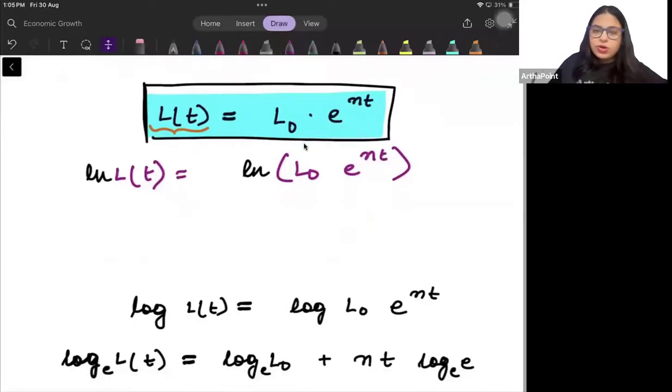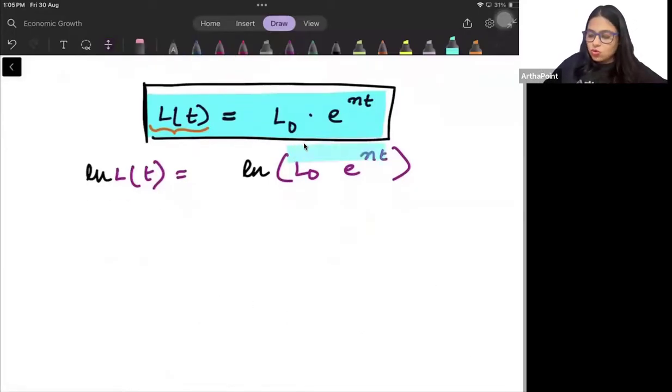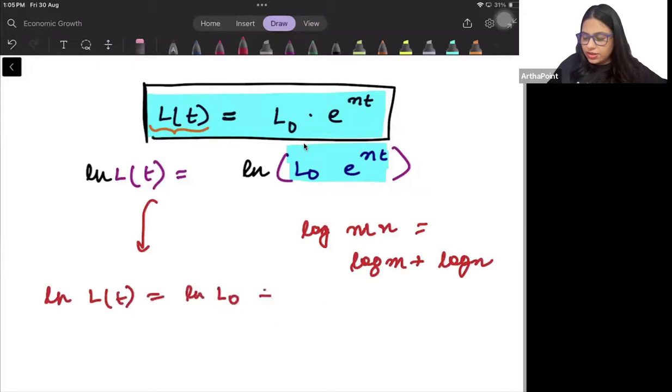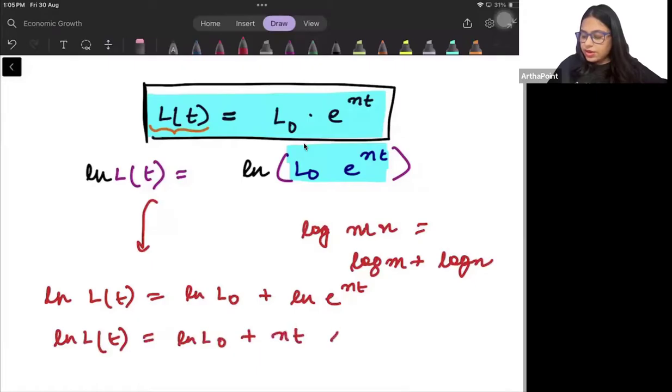Now just try to open this up. So log mn is log m plus log n. So here I will get ln Lt is equal to ln L naught plus ln e to the power nt. So ln Lt is equal to ln L naught, the power will come down, nt ln e.